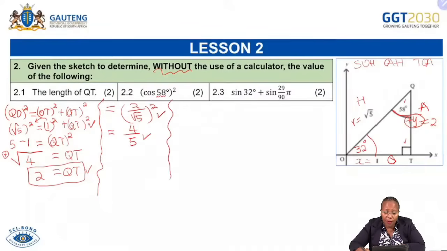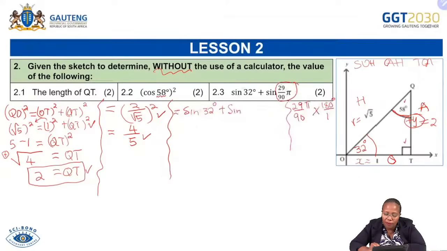And then moving forward to the next question there, this angle here, it is in radians. That means you need to start by changing that to degrees. Then this will be equal to the sine 32 degrees plus the sine of that value there. Then when you are changing 29 over 90 radians into degrees, you multiply by what? 180 degrees over radian, so that this radian can cancel that one.